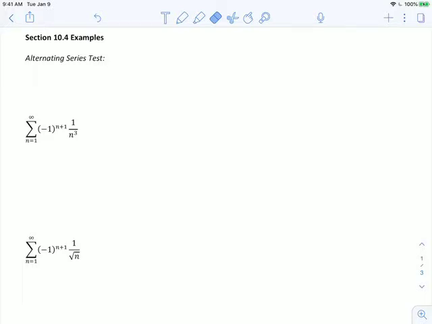So let's start off by stating the alternating series test. We're going to let b sub n be a positive and decreasing sequence of numbers.